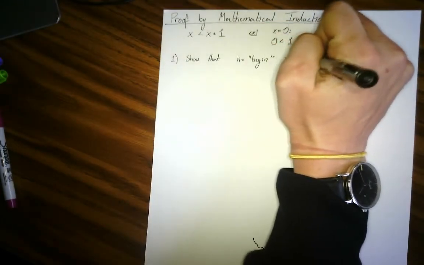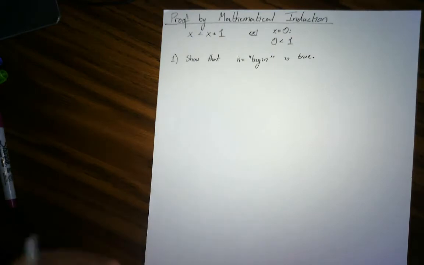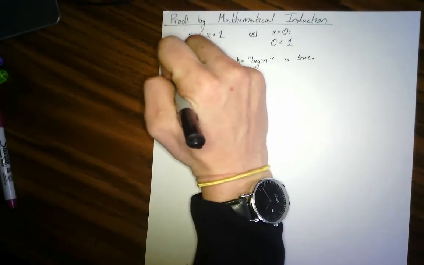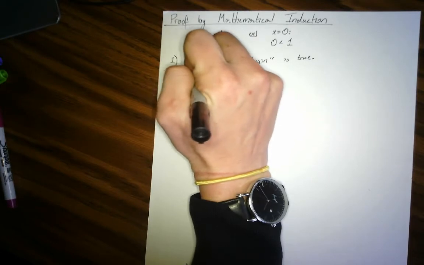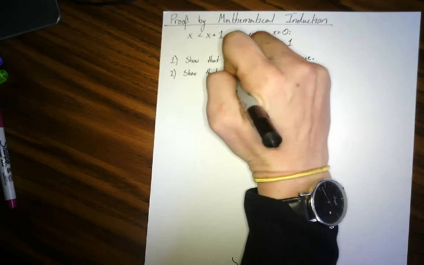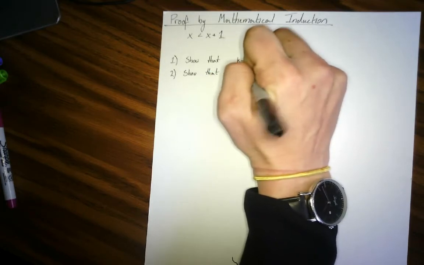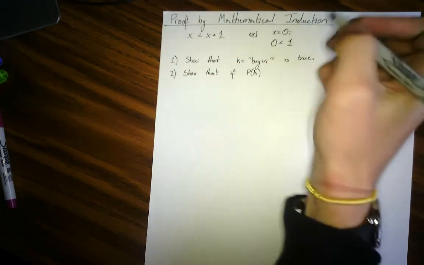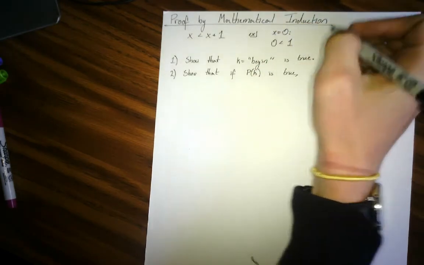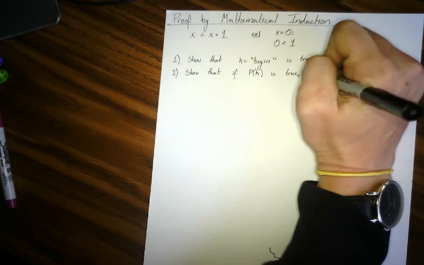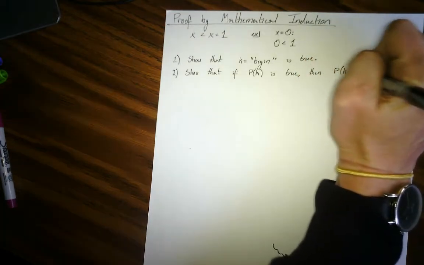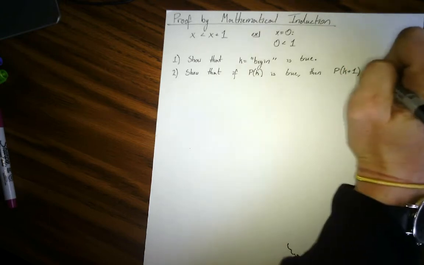Once we have that starting point, we can expand this out. Step 2: we want to show that if our assumption P of k is true, then we have to prove that the k plus 1 term is true.